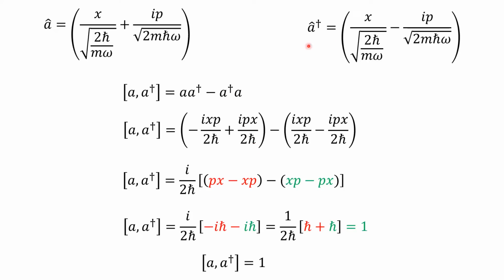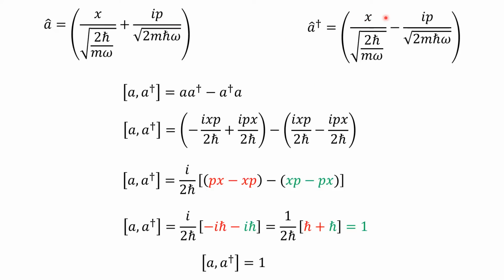Similarly, if you multiply this minus A dagger here, that is, you are multiplying this with this, the same thing is applicable here also, because X will combine with X and P will combine with P. You have to take only the cross term. So here the cross term is, you take first X and multiply with P. Remember that you are not supposed to change the order of the operators.